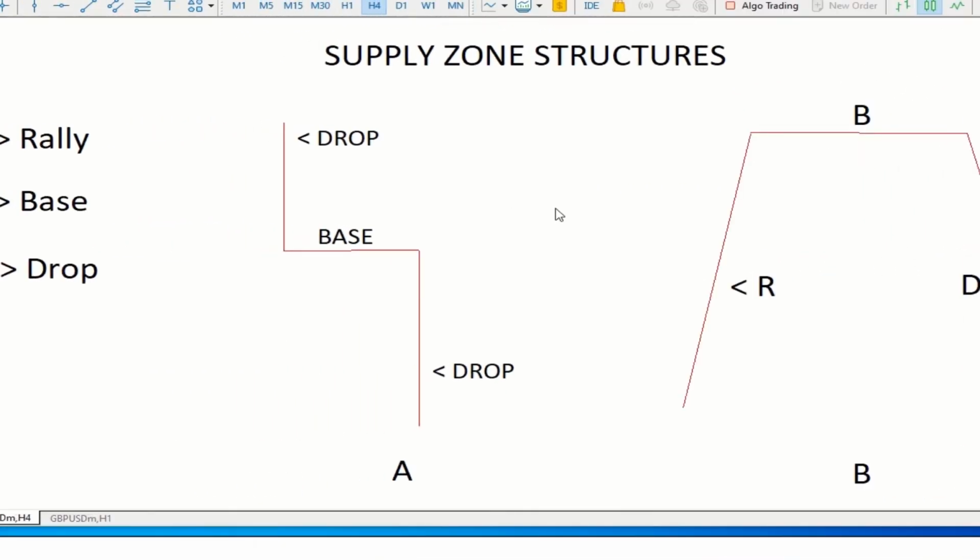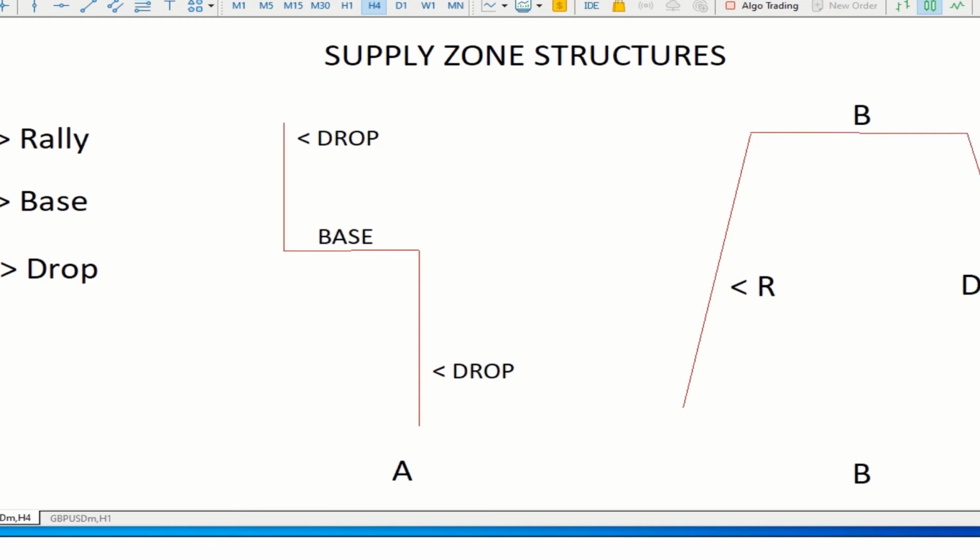This is my illustration representing the second type of supply zone structure. Starting from this angle, this is our rally, which means an up move or buy pressure. After that, we have our base here representing supply level or equilibrium zone.